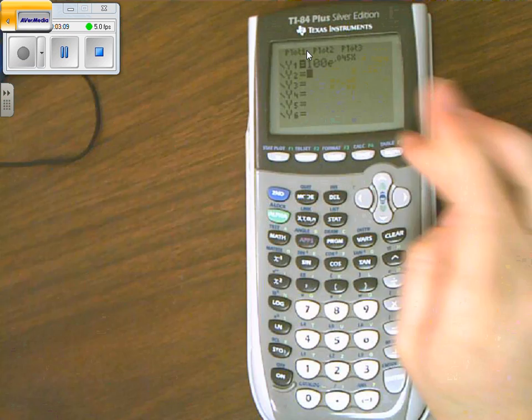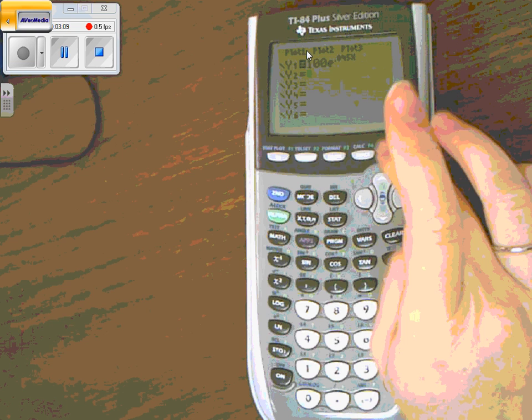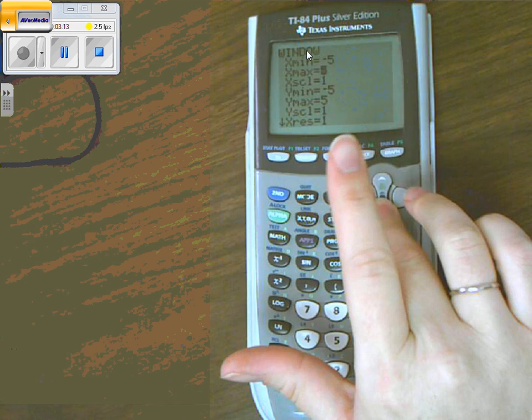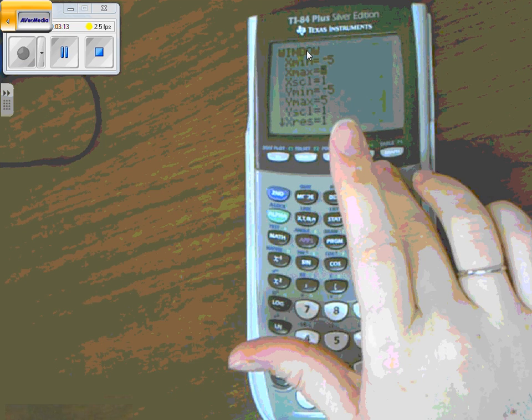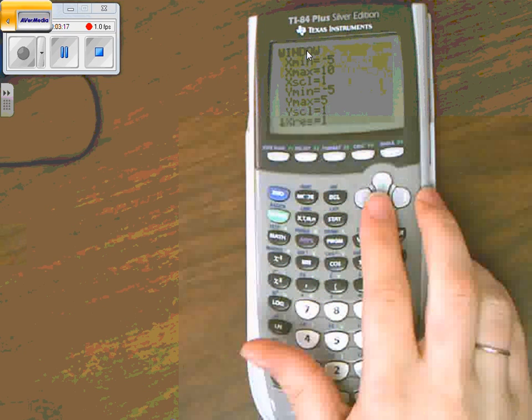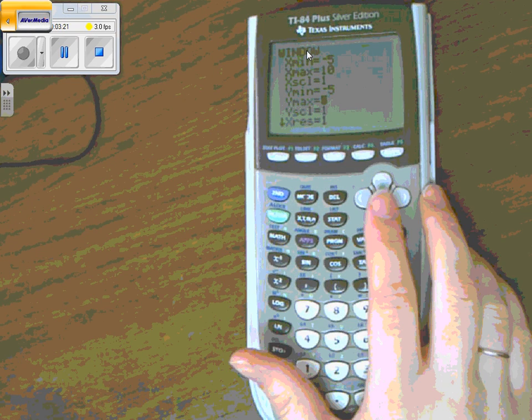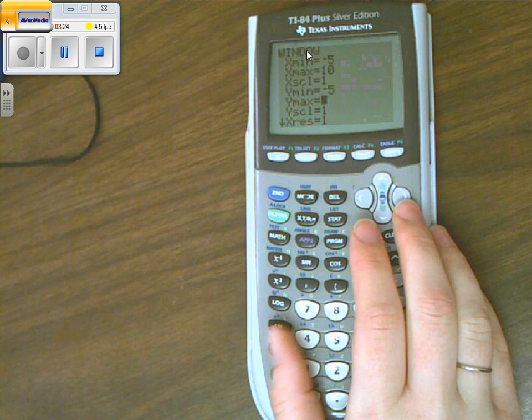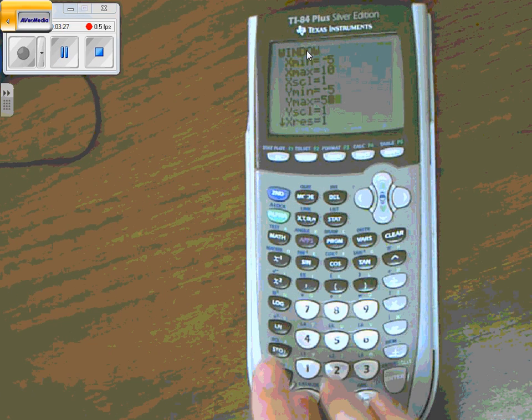So in my window, I'm going to leave my x max at 10 for now. We'll see what I want to do with that later. But my y max, would everyone agree it needs to be much bigger than 100? So I'm going to go with 500. We'll see how that does.